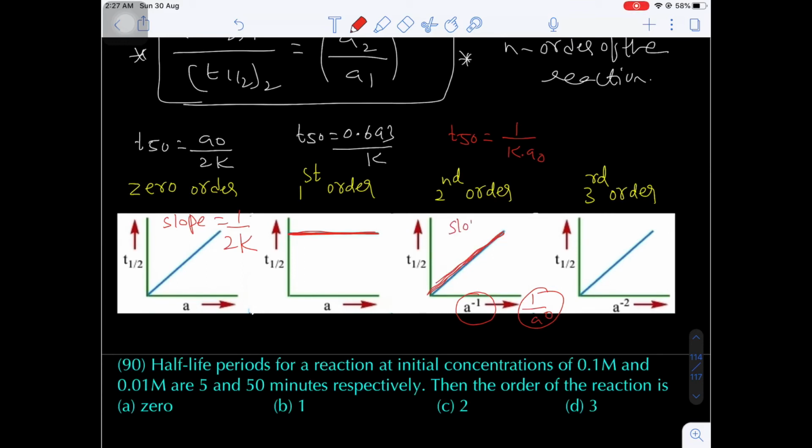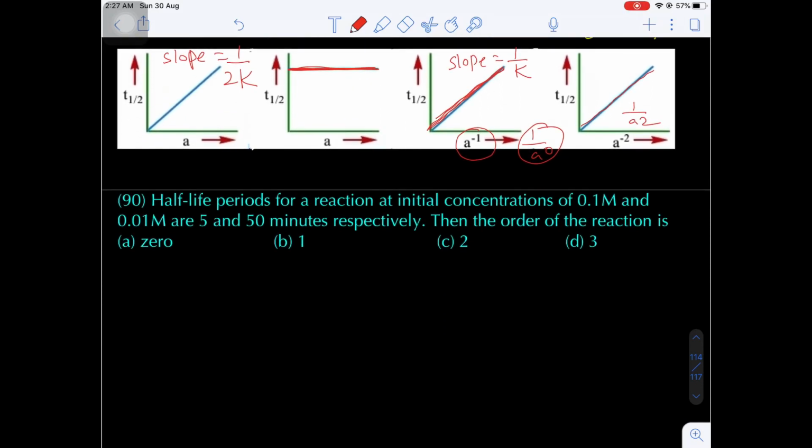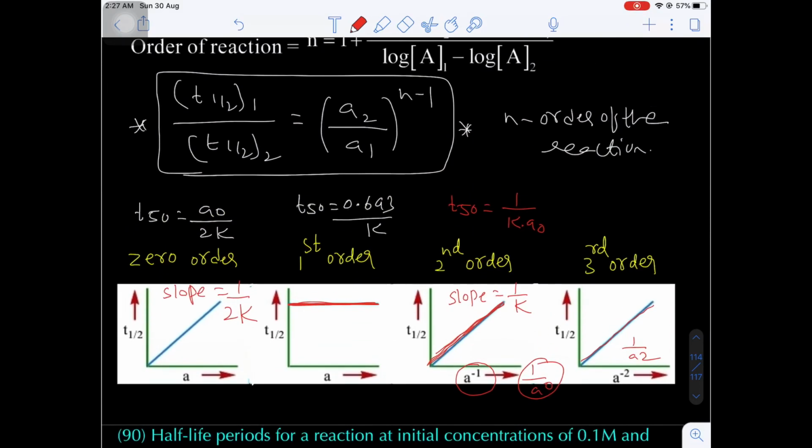And what will be the slope of the straight line here? 1 upon k. And similarly, for third order reaction, that is T50 versus 1 by a square, it is also in the form of y is equal to mx. Are you getting my point? So this is a very important graphical representation of half-life versus initial concentration. Are you getting my point?